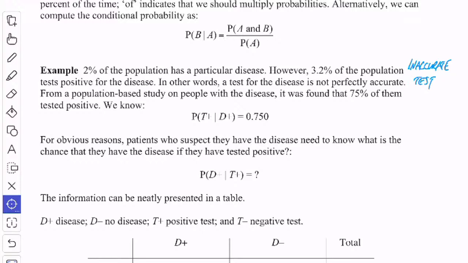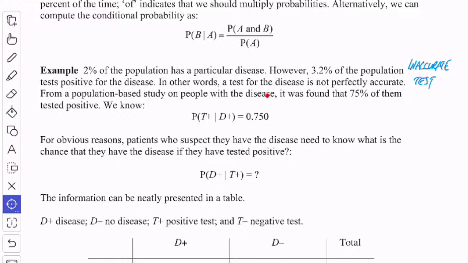Okay, so from a population-based study, this is a broad database with everybody in a particular population recorded there and their health outcomes. So it's a population-based study on people with the disease. It was found that 75% of them tested positive. So what are you getting here? You're actually getting a conditional probability.